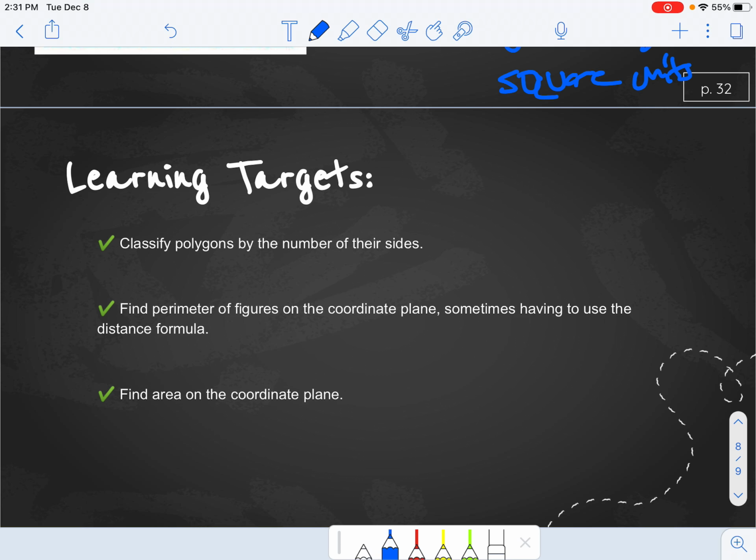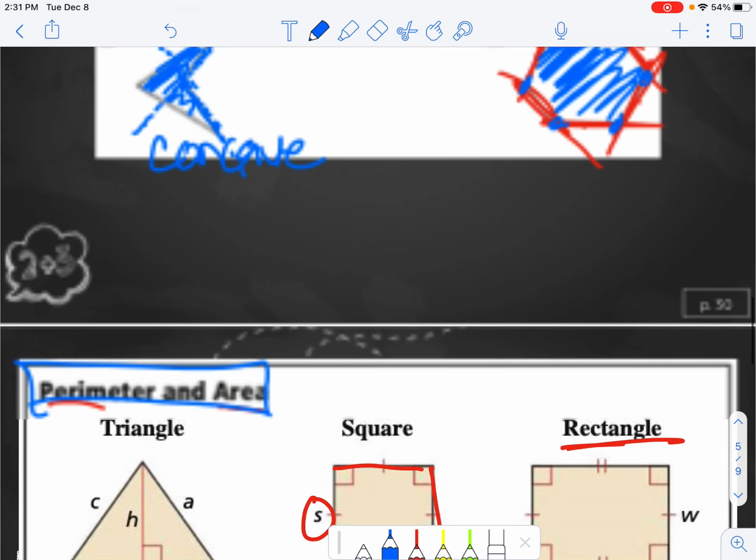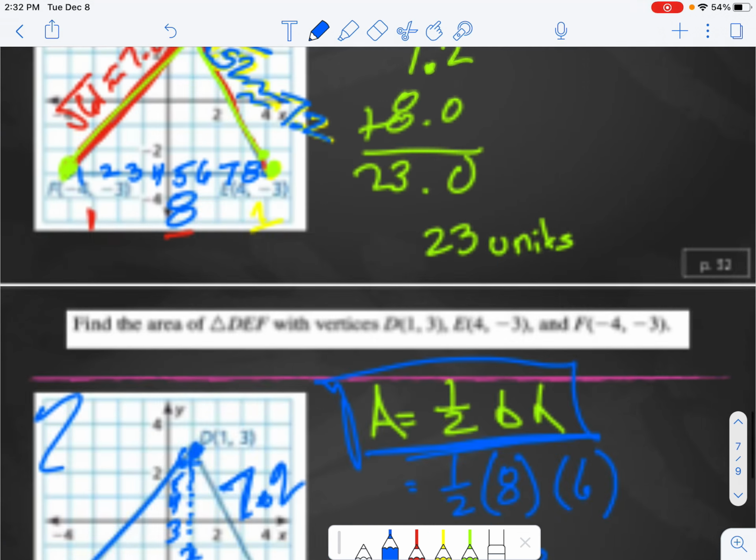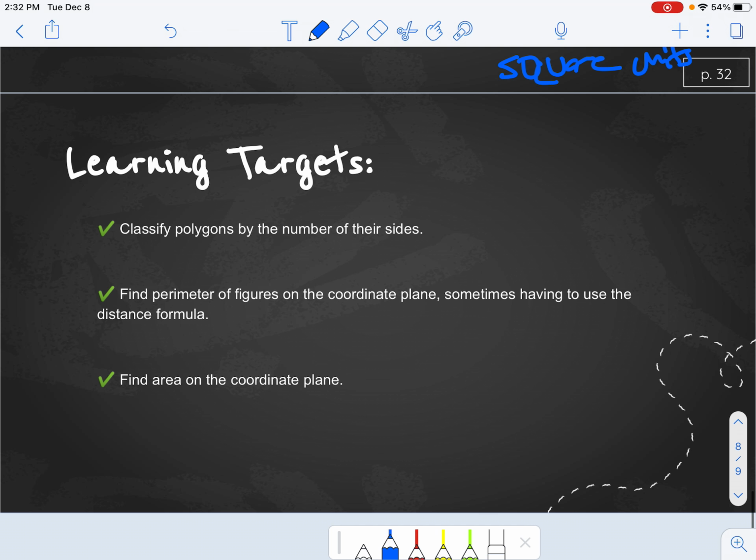So, if we look at our learning targets, classify polygons by the number of their sides. Well, that's what that big chart did for us with all the prefixes or root words: triangle, quadrilateral, and all those on the table up here. Also, included in classifying, though not necessarily by the number of sides, was convex and concave.